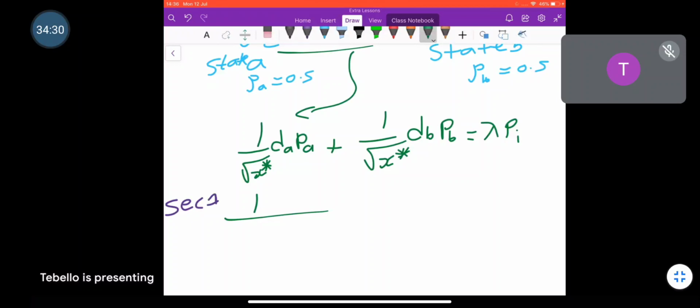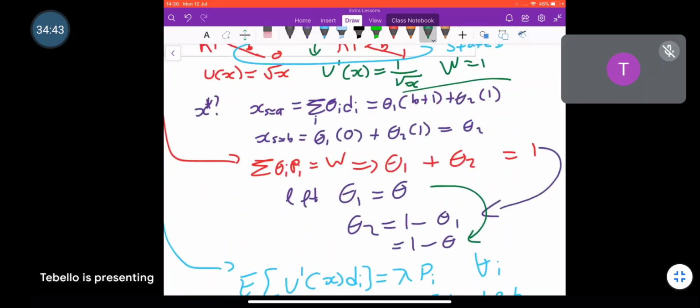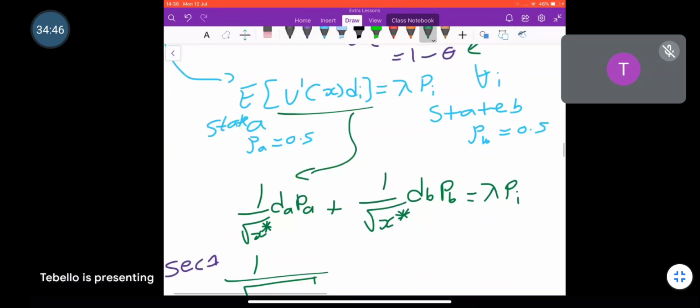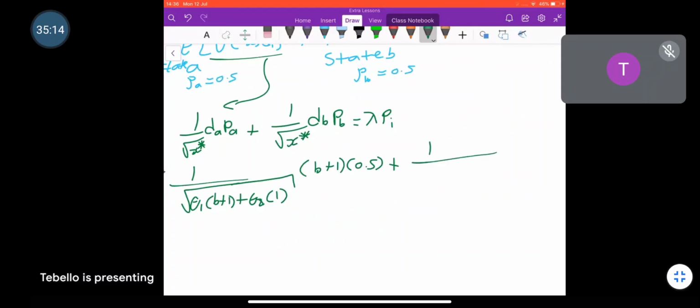So for security 1, I'm going to have 1 over the square root of x for state 1, which is going to be this answer over here: theta 1 times b plus 1, and the probability is going to be 0.5, plus again 1 over the square root of theta 2.